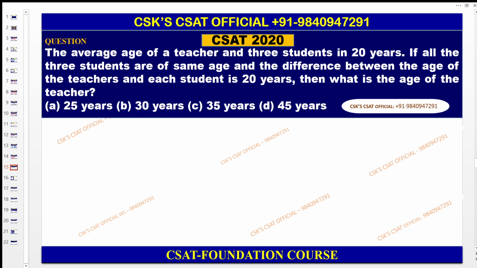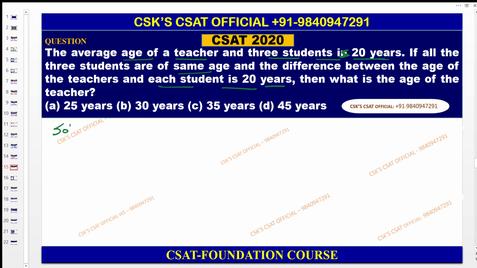Now here, the average age of a teacher and 3 students is 20 years. If all the 3 students are of the same age and the difference between the age of the teacher and each student is 20, then what is the age of the teacher?